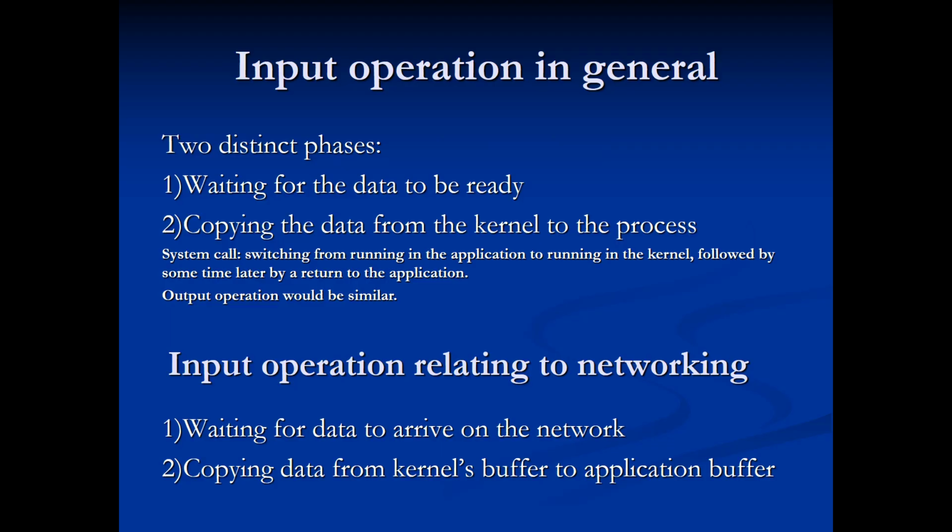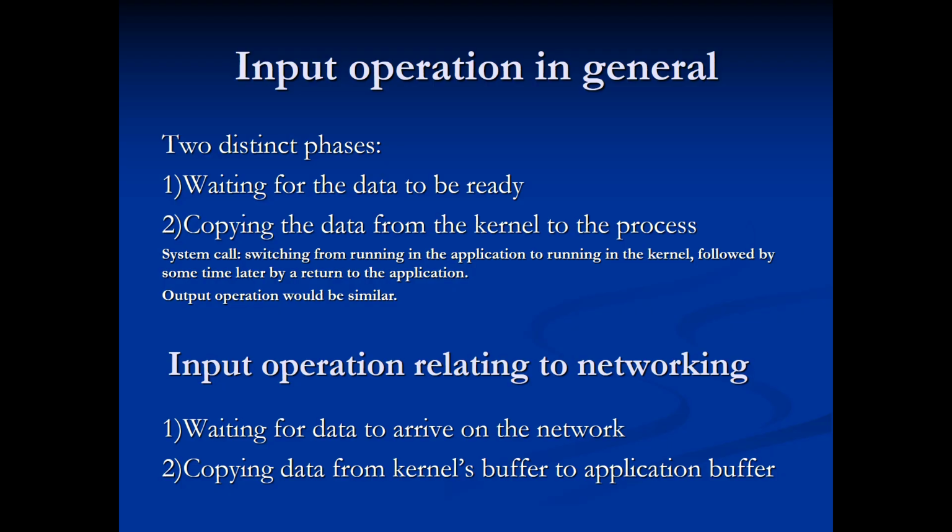So in this sense, we could say that the input operation in general has two distinct phases. The first phase is waiting for the data to be ready. Once the data is ready, for example, in the cin example, the user has pressed a key on the keyboard, then the second phase is copying the data from the kernel to the process, to your particular application.